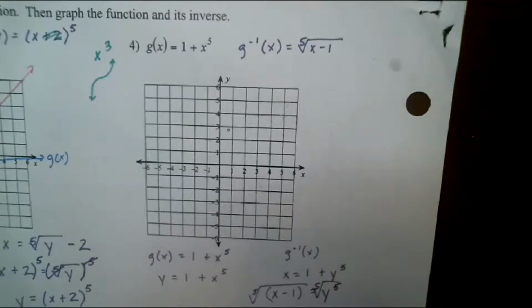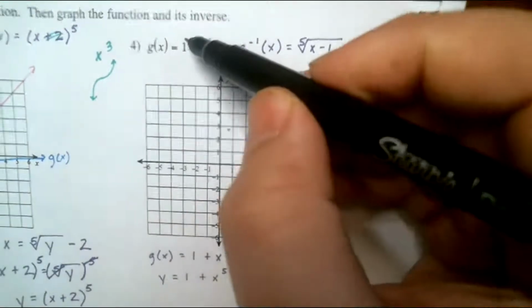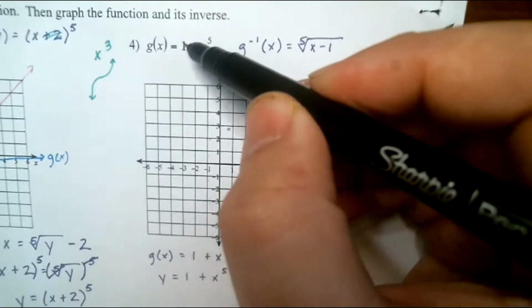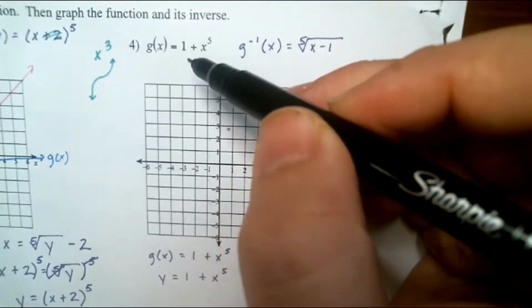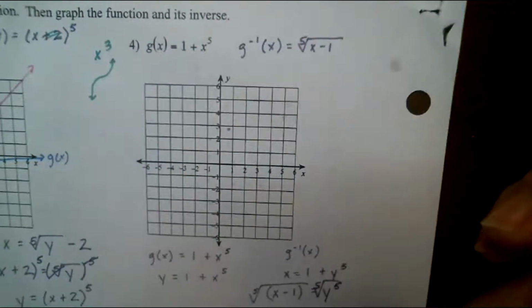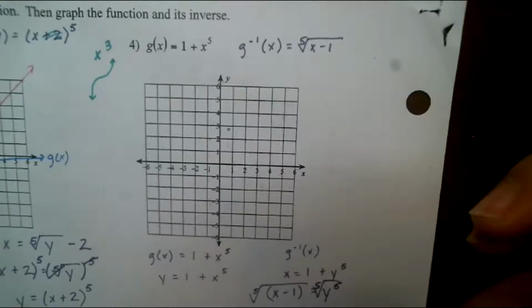So now let's graph. First one, what does that plus 1 on the outside do? What does that tell us to do? Up 1.